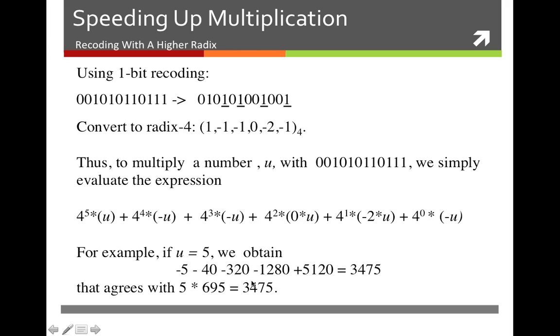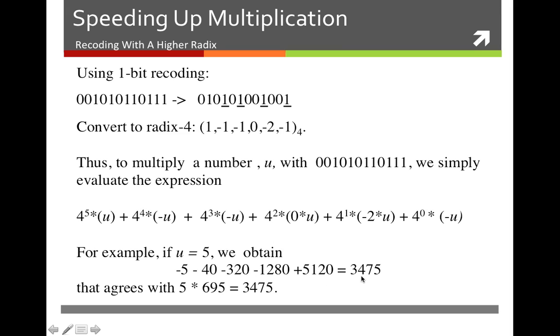So if you put u equals 5 here, you can see the result that you're going to generate out of this, written in the reverse order here. It's like a -5, that's this term, and then -40, and then -320, and then -1280, and then one of these terms must be the one that is 0, and then these terms are both negative terms, and then finally this term.